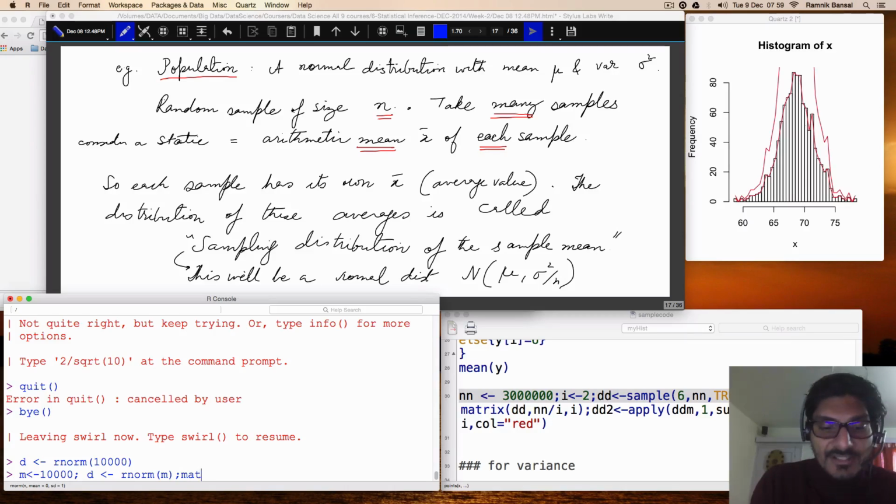So I'm generating a matrix. Why am I generating a matrix? So I can have some sample sizes, right? So let me say my sample size n is equal to 10. Oops, I made a mistake.